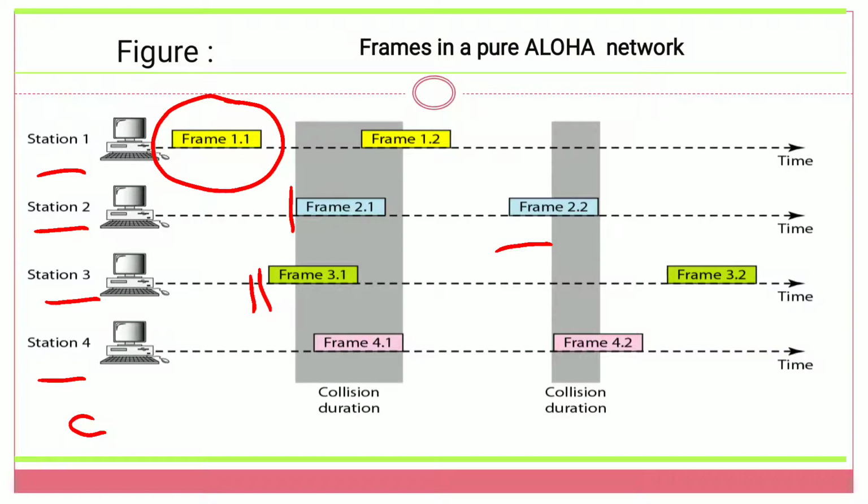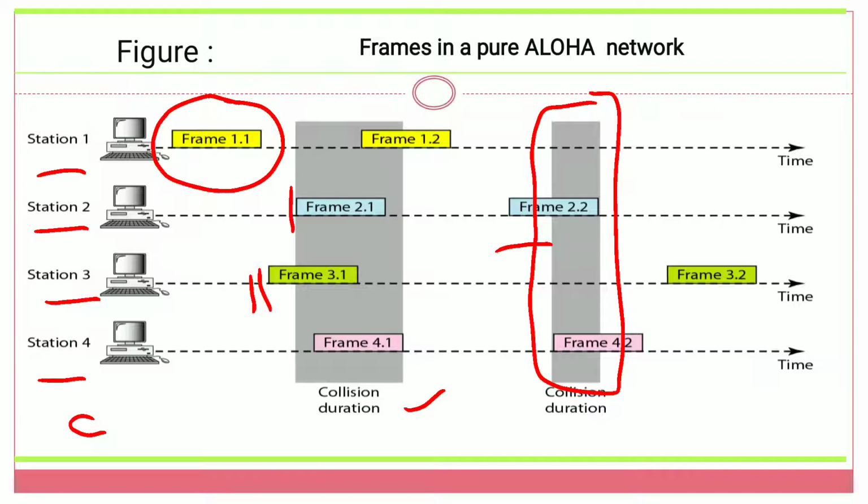So here the shared medium has frame 2.2 and frame 4.2 collided. This period of time is called the collision duration. Collision duration means the time period in which the frames are in the shared media.